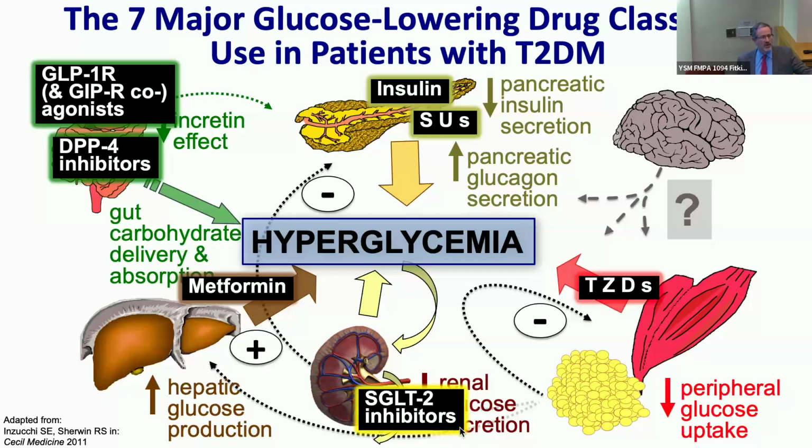And the one that stands alone are the SGLT2 inhibitors that reduce the glucose threshold for excretion, allowing more glucose to enter the urine. And if it's in the urine, it's not in the plasma, and that lowers the hemoglobin A1C. So 2, 2, 2, and 1, and those are the major drug categories that we use to treat type 2 diabetes.